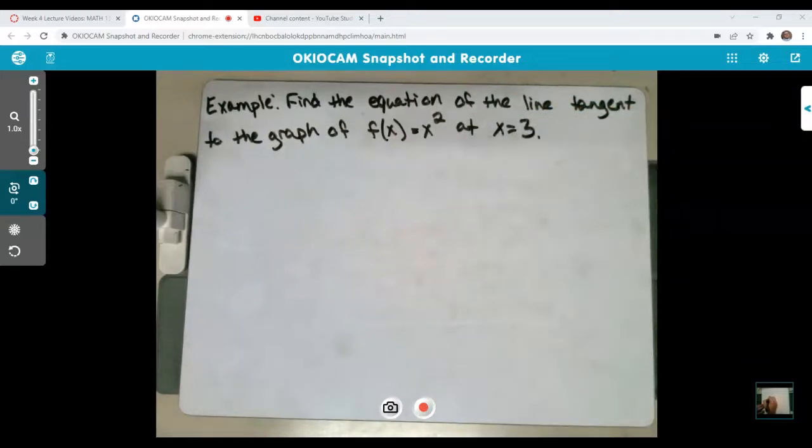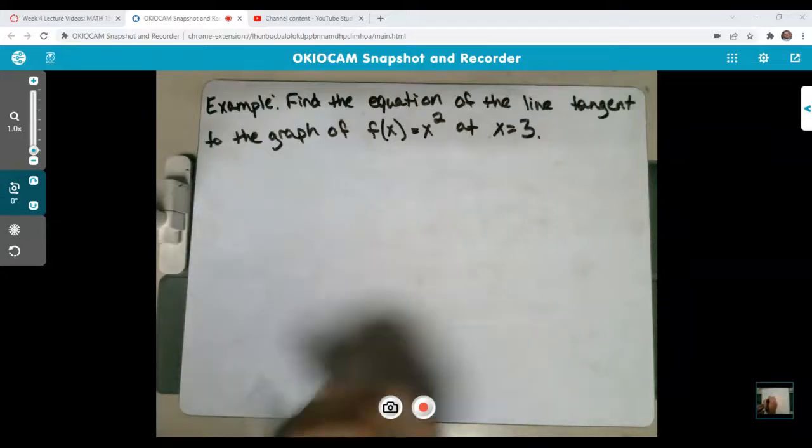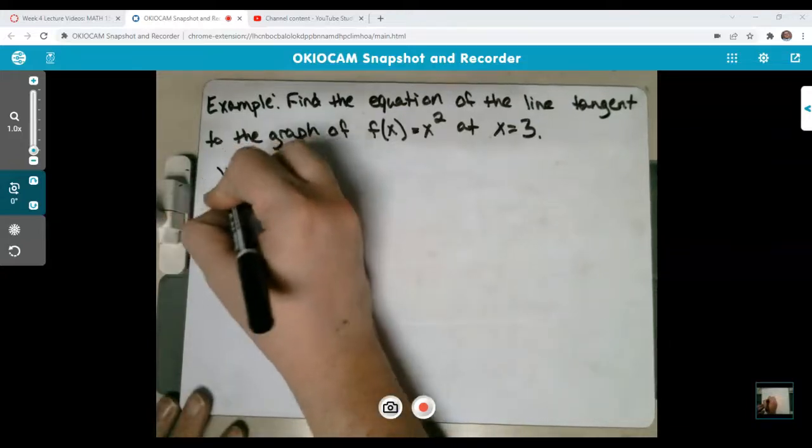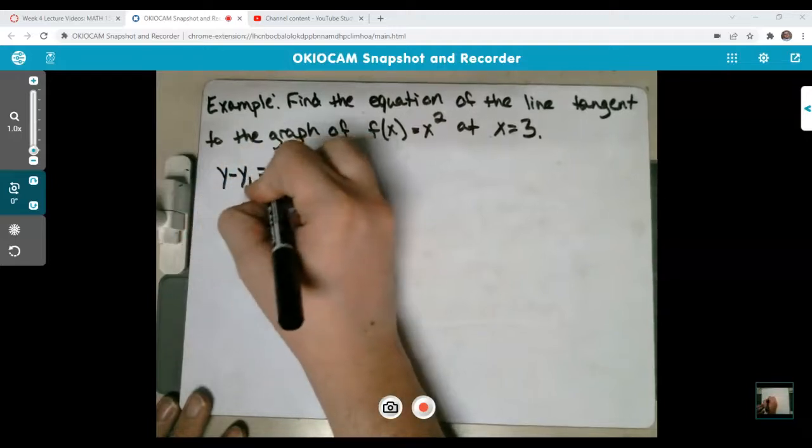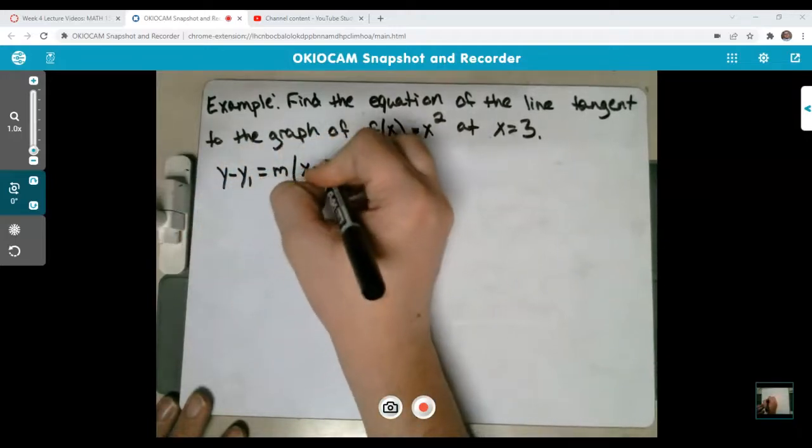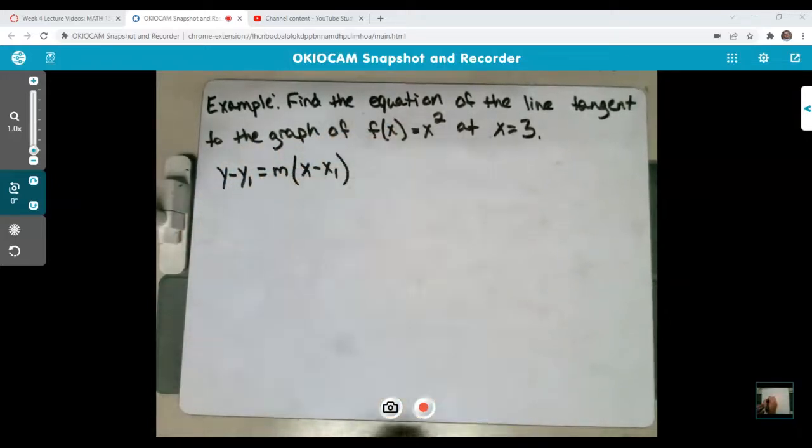So I'm looking for the equation of a line. Remember, the best way I can do that is to use point slope form, which we said was y minus y1 equals m times x minus x1. So I need a point and I need my slope.